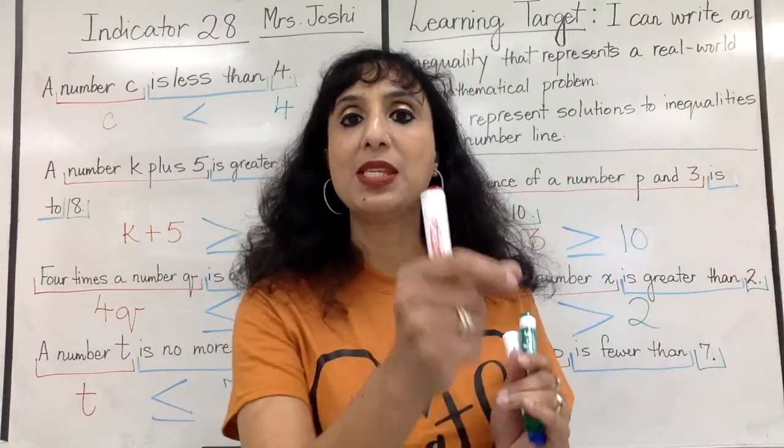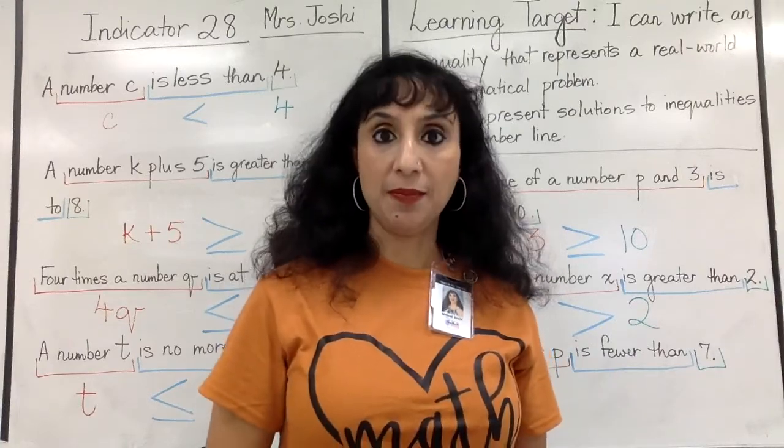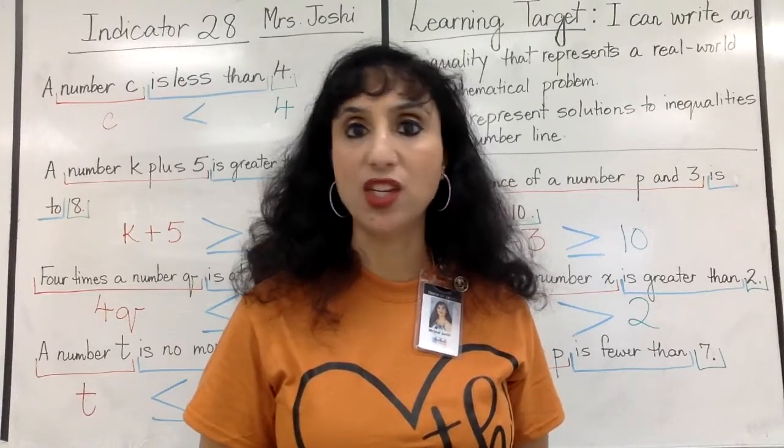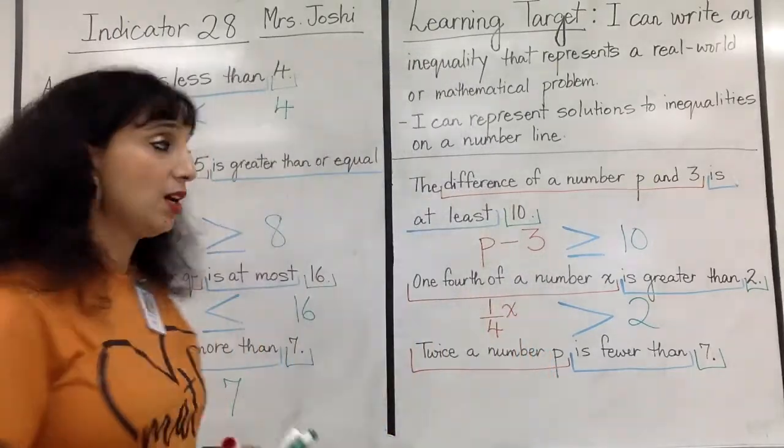Please don't write 2 times p because the coefficient comes before the variable. Do not put the multiplication sign for any reason.